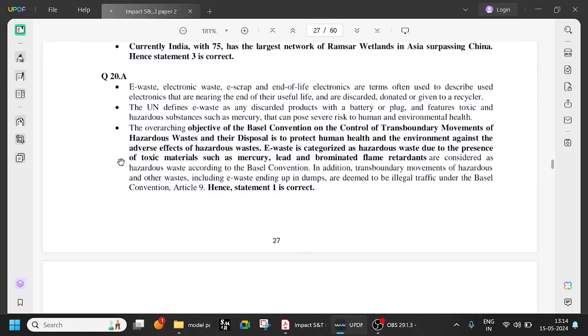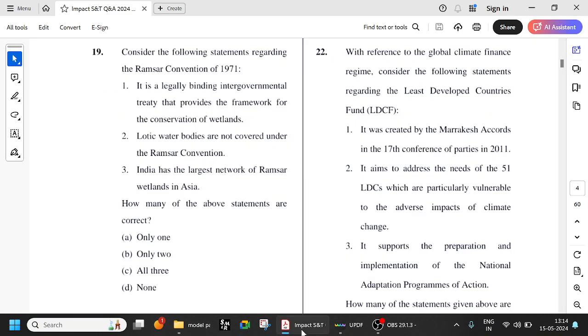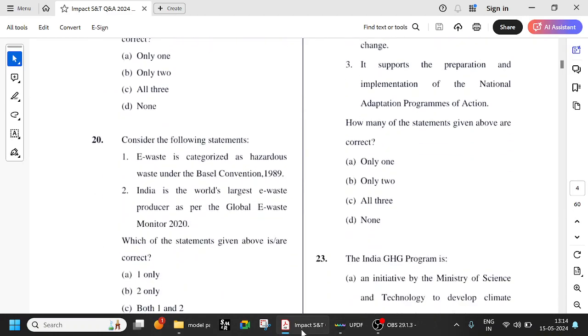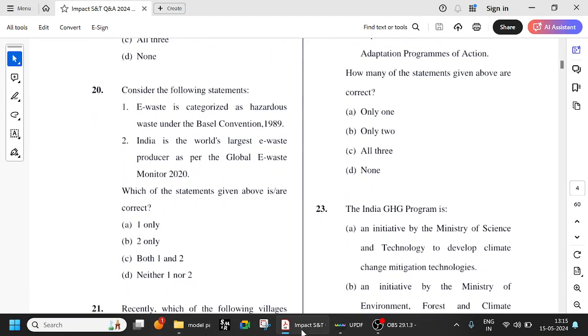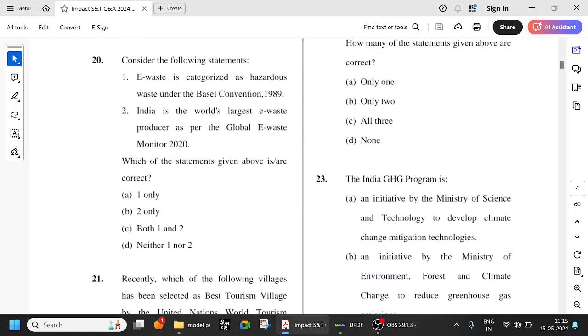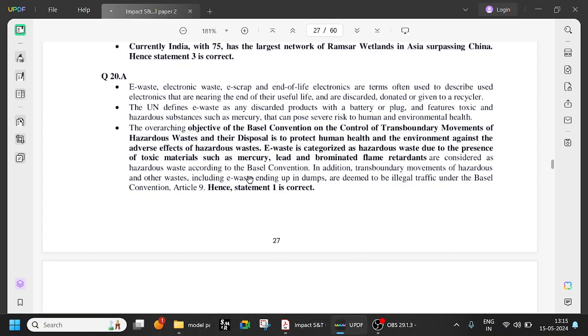So let us look at the 20th question. Consider the following statements. Okay, let us look at the e-waste conventions. So e-waste or electronic waste, e-scrap and end-of-life electronics are terms often used to describe electronics that are nearing the end of their life or discarded or donated to a recycler.